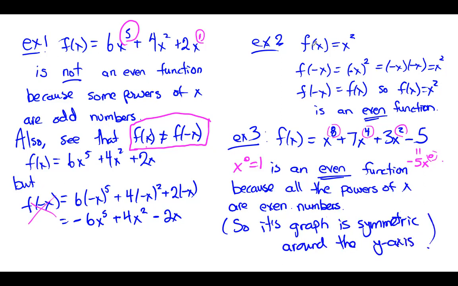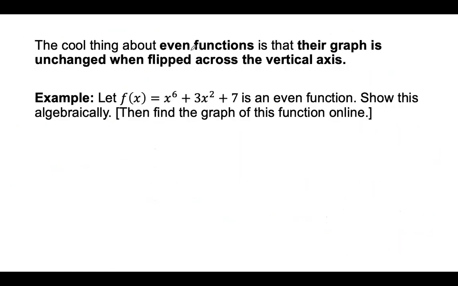And we get that intuition from this example x squared. That's symmetric around the y-axis. Even functions are symmetric. So this is that cool thing about even functions, is that their graph is unchanged when flipped around that vertical axis, or that y-axis.